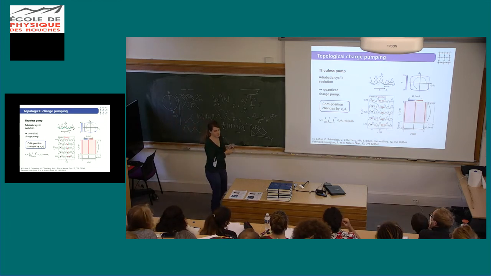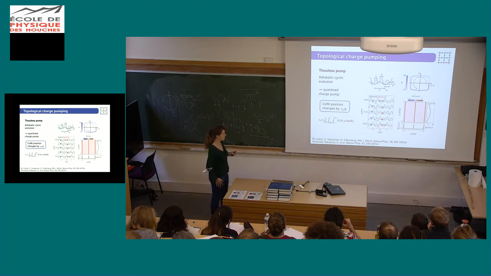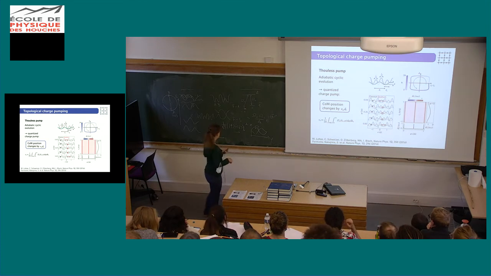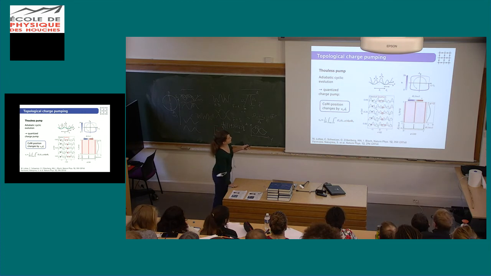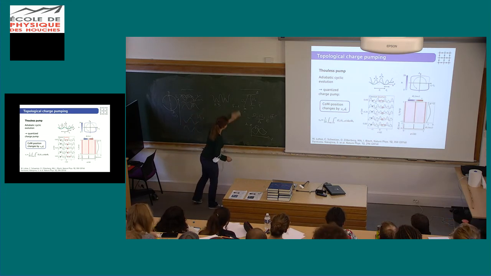And the idea of a topological Thouless pump is that, again, if we perform some adiabatic cyclic evolution in an abstract parameter space, which I will tell you in a second what it is, we can realize a quantized charge pump. That means, in our case, if we vary one of these two lattices, so the superlattice is generated by superimposing two standing waves.